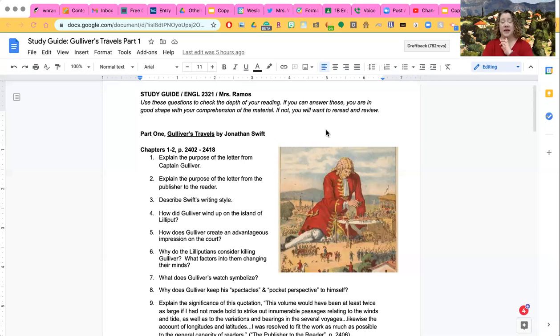Big Endians and little Endians are what they're called. Endians, not Indians. And so it's trivial, right? Like, who cares what side the egg comes out as long as the egg comes out of the shell? Nobody cares. And so in that way, Swift is making fun of religion or the division between religions, because he's saying, well, it's all one God.